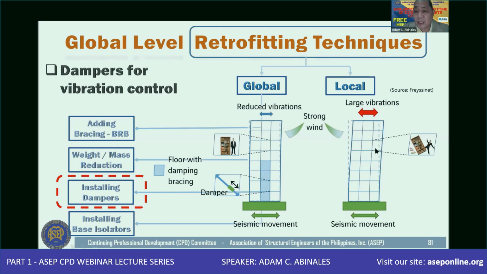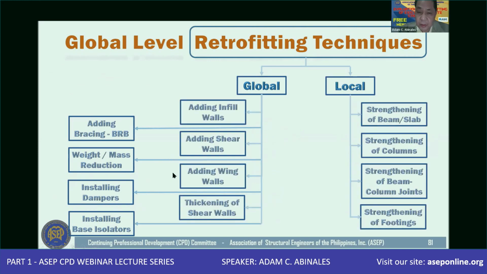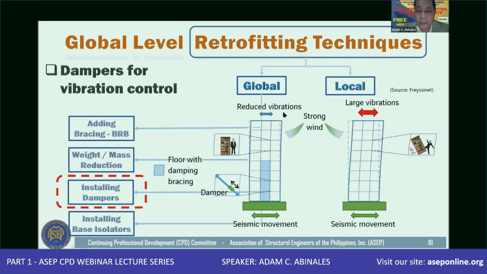There is a tendency that all the furniture and furnishings on that floor would fall on you. But if you have dampers, then the vibration would be significantly reduced. Then obviously, if you are a tenant or occupant of that floor in that building, you would feel as if you do not feel the shaking of the ground.